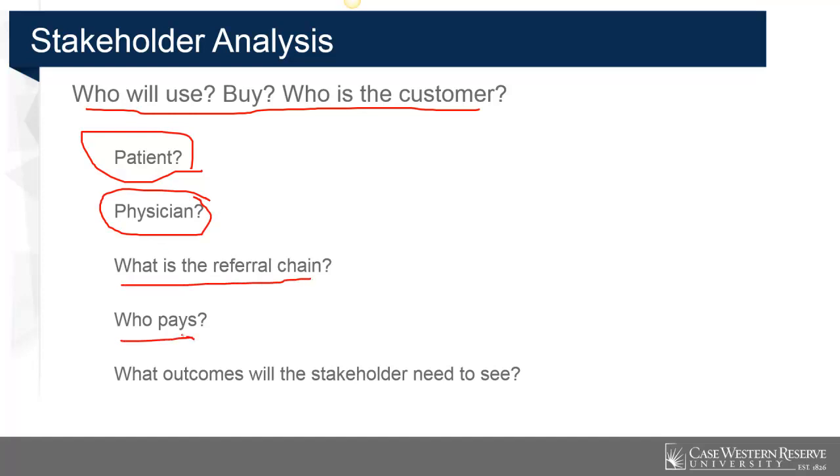Who actually is paying for this? And what outcomes will the stakeholder need to see? That is to say, what is the value we create in the mind of the patient? All these things need to be worked through because this represents a complete view of the stakeholder, not just necessarily the isolated view of the patient or the physician.